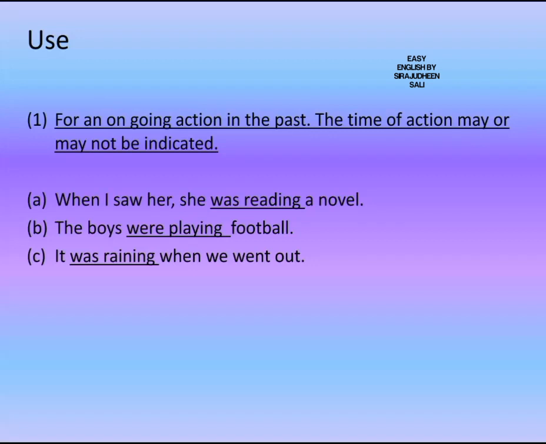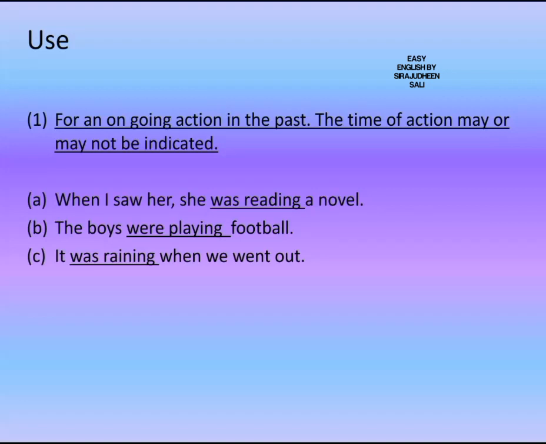The second sentence, the boys were playing football. That was an ongoing action. And we have used the auxiliary verb were because the subject is the boys. The third sentence, it was raining when we went out. Again, we have got two clauses. The main clause is, it was raining. The subordinate clause is, when we went out.